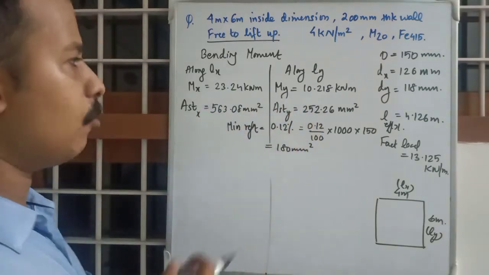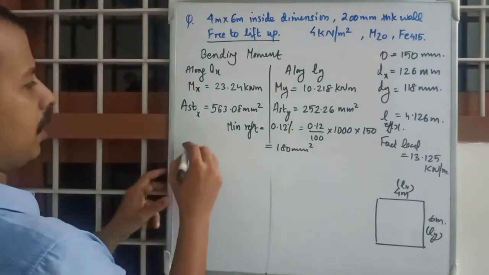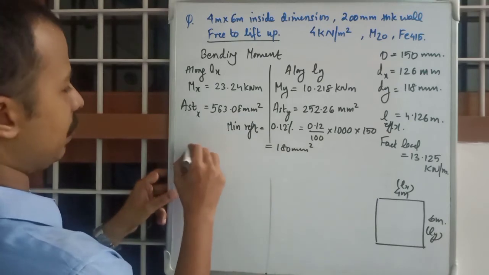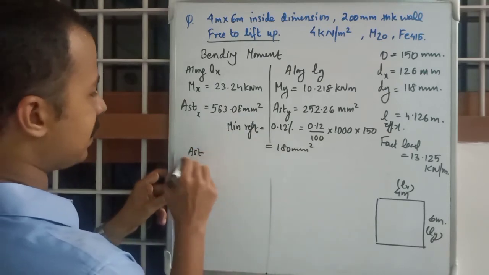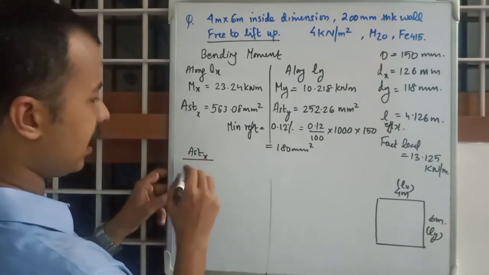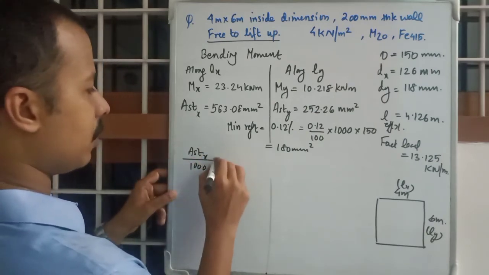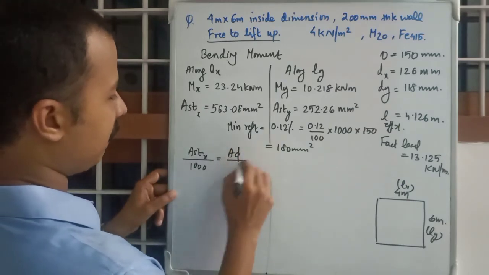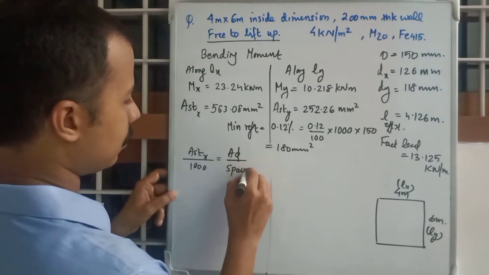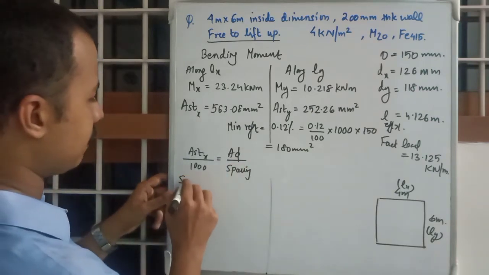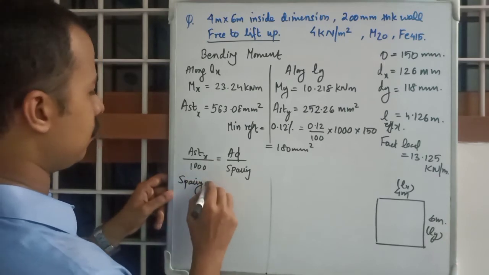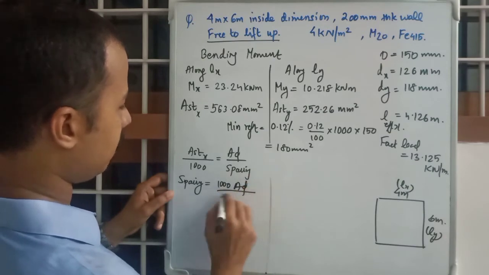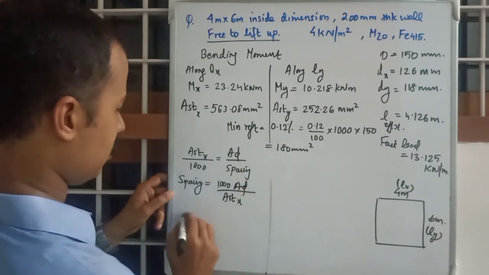Okay, so then what is the step? As in slabs, we will be calculating spacing. For spacing we have a ratio, we have a shortcut. Ast by, in this case Astx by 1000. Astx is for 1000 breadth or width. So ast by 1000 equals area of bar by spacing. So spacing will be equal to 1000 Ast by Astx.